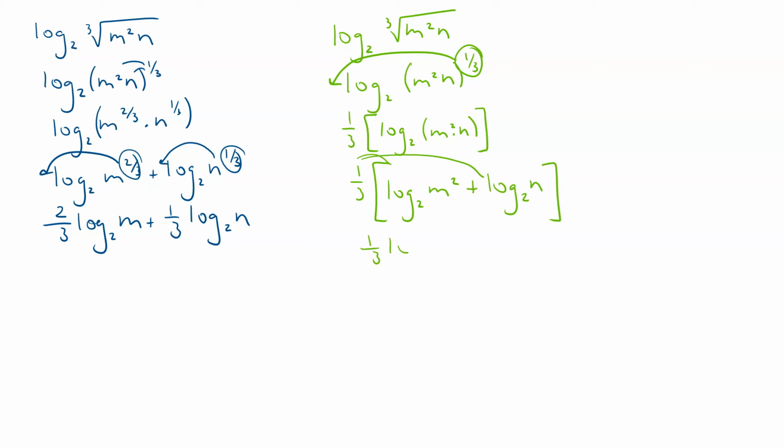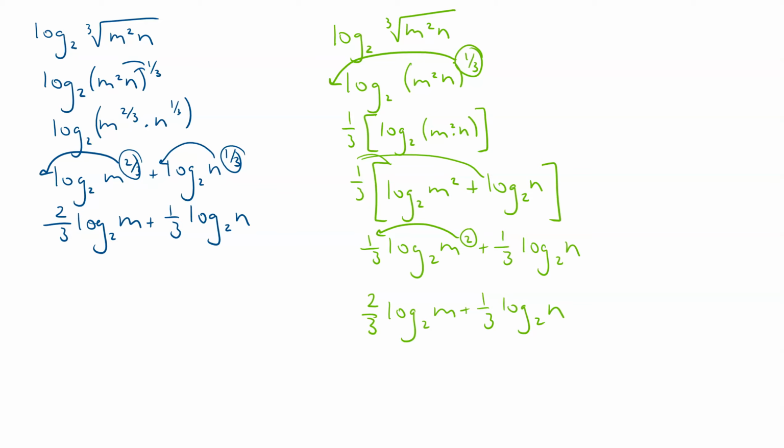You'll get 1/3 log base 2 of m squared plus 1/3 log base 2 of n. Now again, if they said no exponents in the answer, this froggy would have to jump off the loggy and multiply to the 1/3, so you'd have 2/3 log base 2 of m plus 1/3 log base 2 of n.